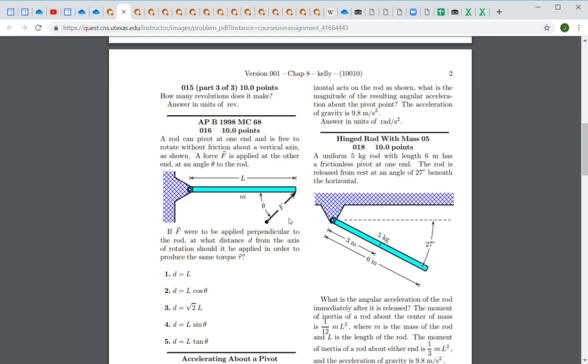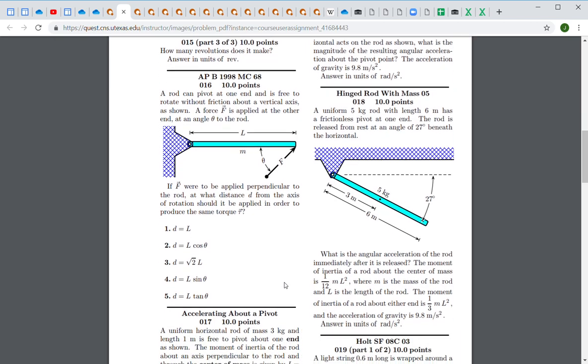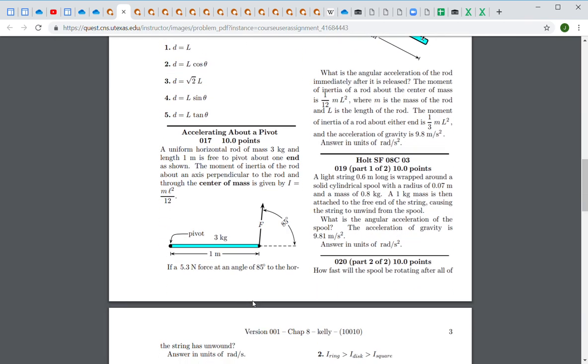That's F times the moment arm, which is perpendicular. So L times the sine of theta is the appropriate distance we push on an object to get the exact same torque that this configuration would produce. So I'm seeing that in my version as answer 4.